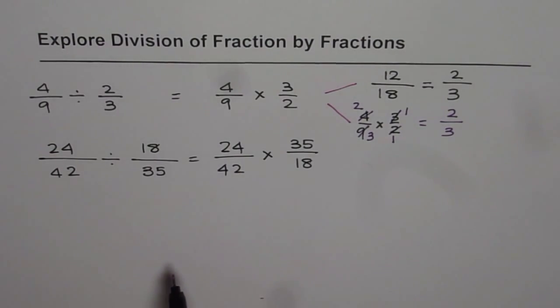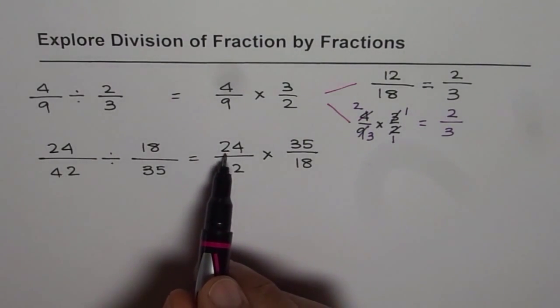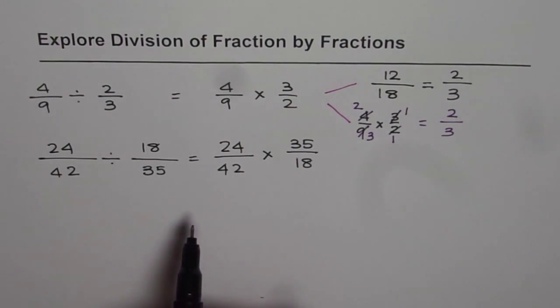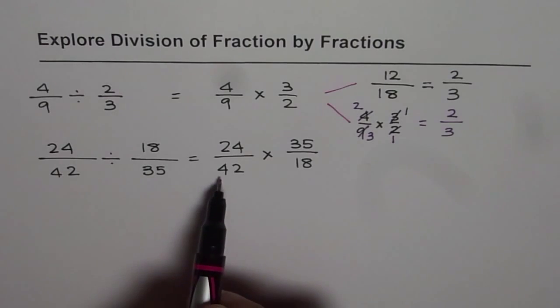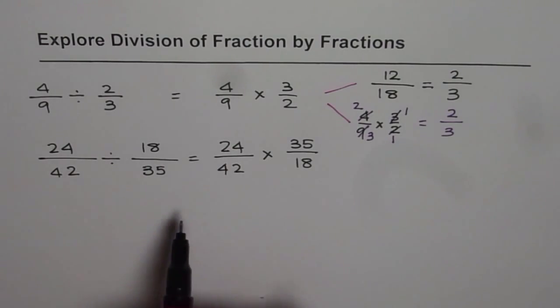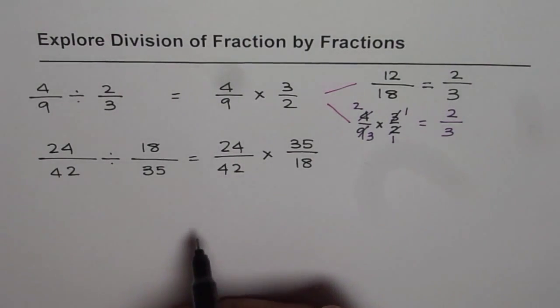Now these fractions can be first simplified and then we will perform the multiplication operation, right? 24 and 18. Do you see some common factors here? I think 6 is a common factor, right? 6 is also a common factor with 42. So we can actually simplify these two also, right?